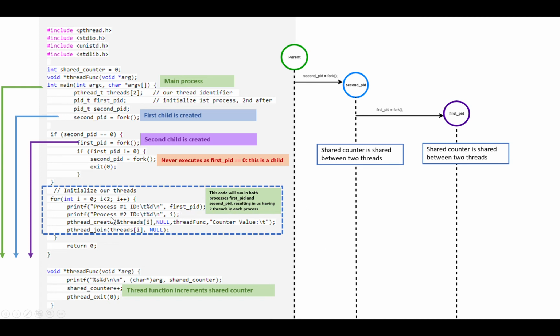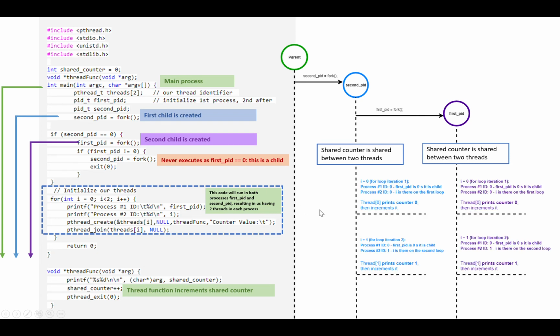Alright, now let's trace the execution that takes place within the for loop here. So for the second PID process, the first print statement is printing the value of the first PID, which is 0.